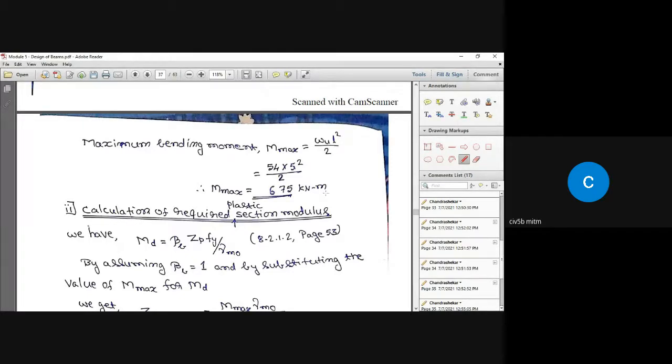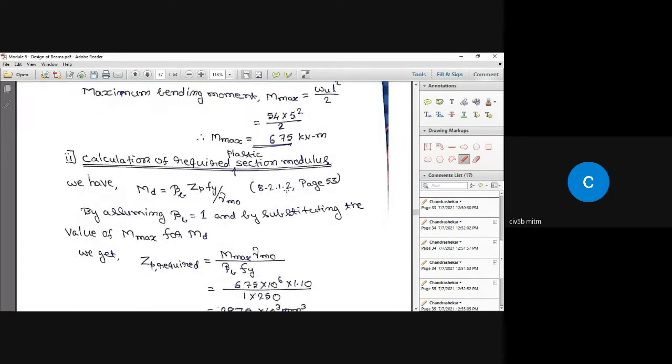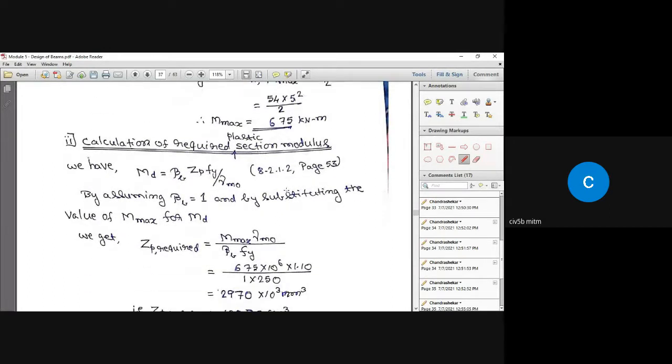Okay. So once the maximum bending moment is calculated, the next point is to pick up a section. To pick up a section, what we need to do is first we need to calculate what is the section modulus required. That is a plastic section modulus required. So for that, we are going to make use of the formula MD equal to beta B ZP Fy divided by gamma M, as given in 8.2.1.2, page 53.